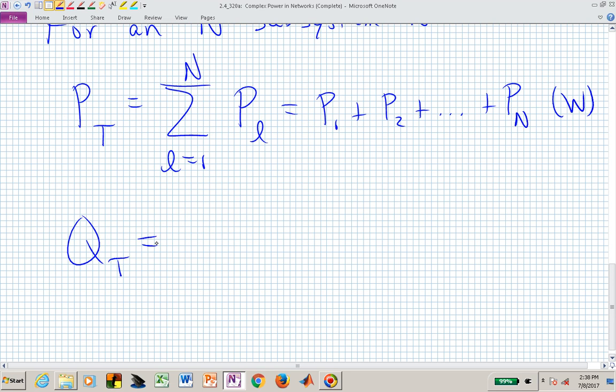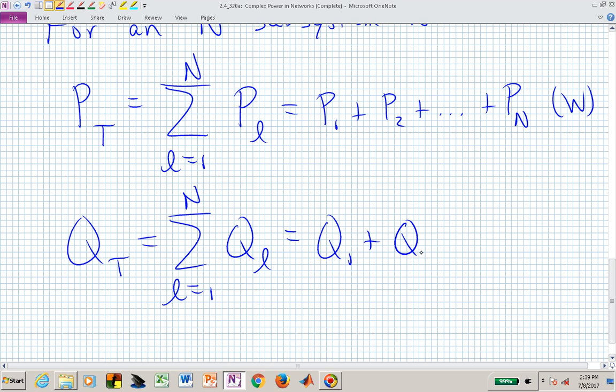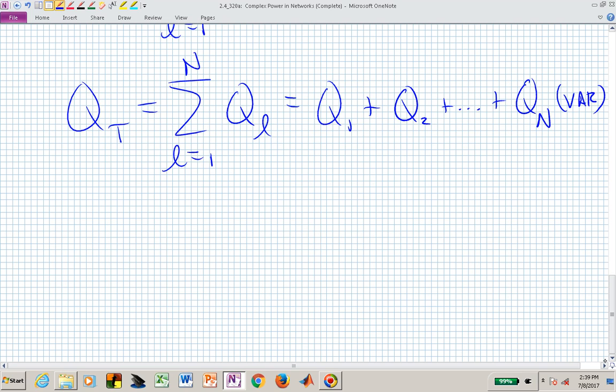The total reactive power is found the same way. We simply sum up from 1 to N the reactive powers of each of the subsystems. So we have Q sub 1 plus Q sub 2 plus all the way up to Q sub capital N, again keeping track algebraically of the signs, and that's now in vars.